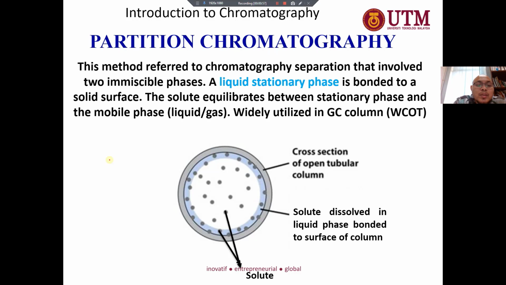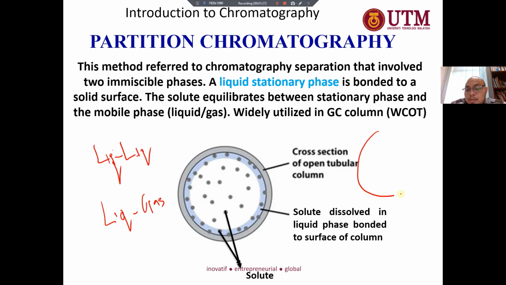It can be liquid-liquid. It can also be liquid-gas. A liquid stationary phase is bonded to a solid surface. For example, in gas chromatography, we have the wall-coated open tubular column.